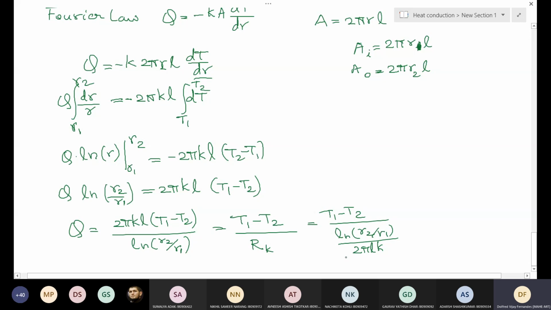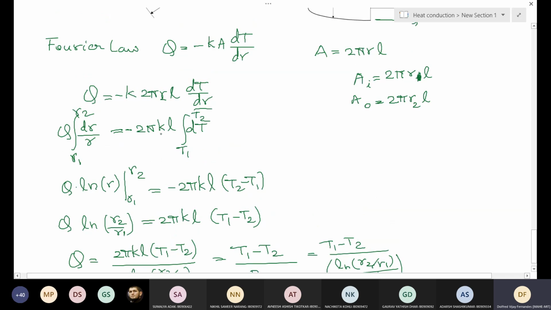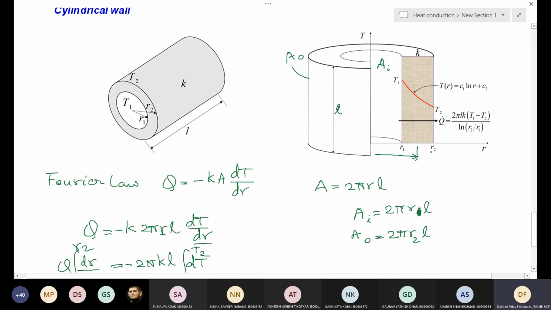So this is the resistance between the temperatures T1 and T2, and this is RK.